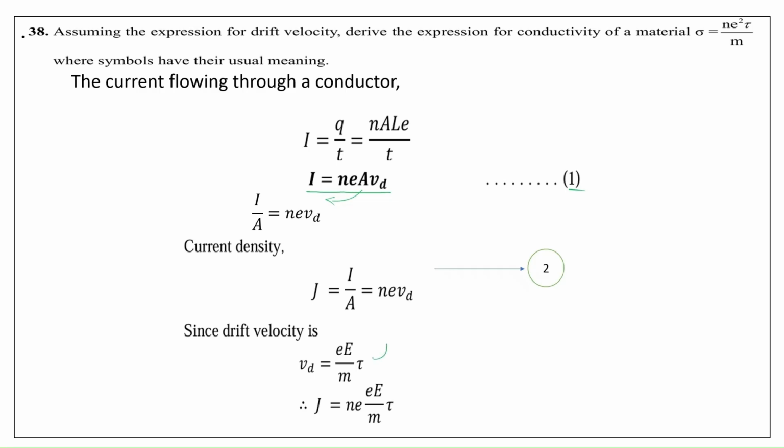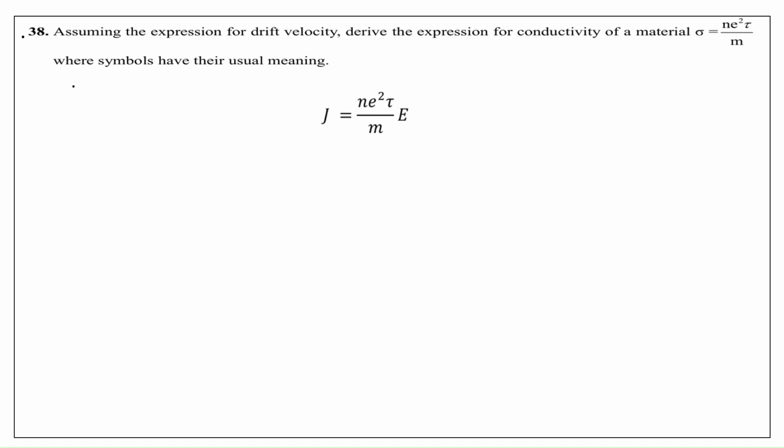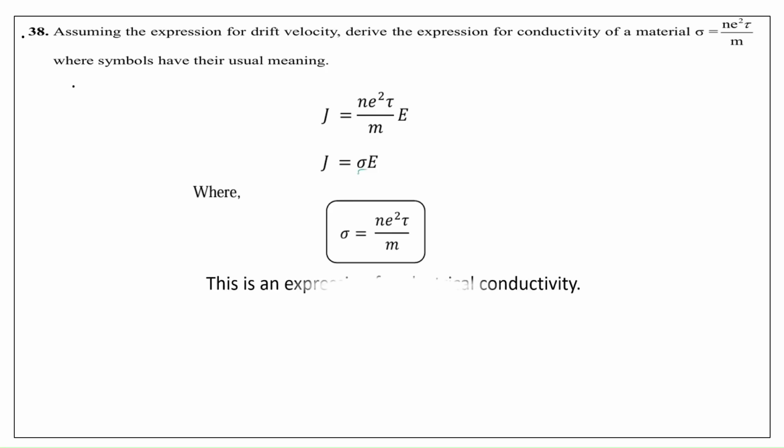We get J is equal to ne into eE by m into tau. Therefore, we can write J is equal to ne square tau by m into E. Therefore, we get J is equal to sigma E, where sigma is equal to ne square tau by m. This is the expression for electrical conductivity.